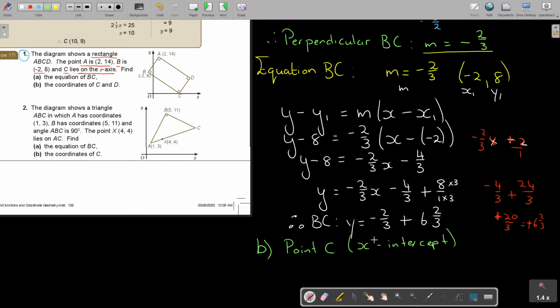If I want to find where it cuts the x-axis, I see I forgot the x there. Okay, if I want to see where it cuts the x-axis, I make y 0.